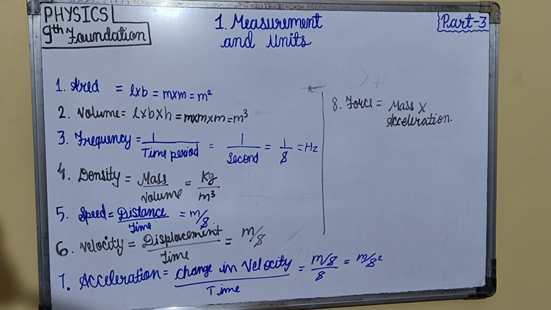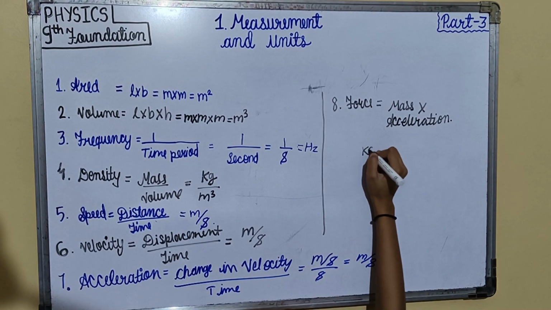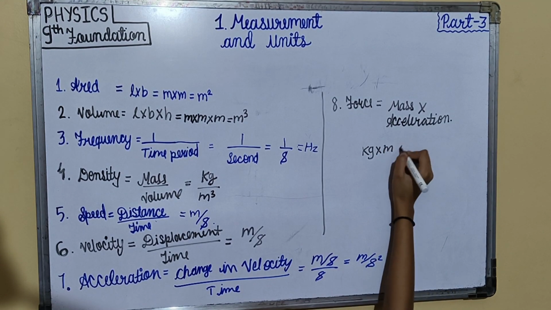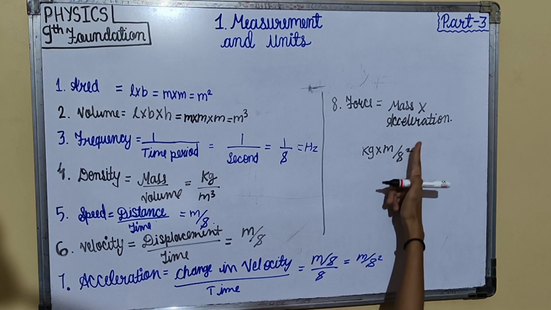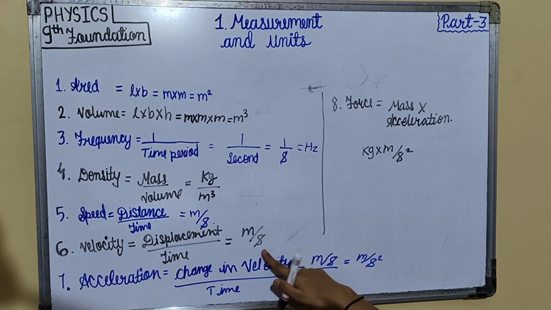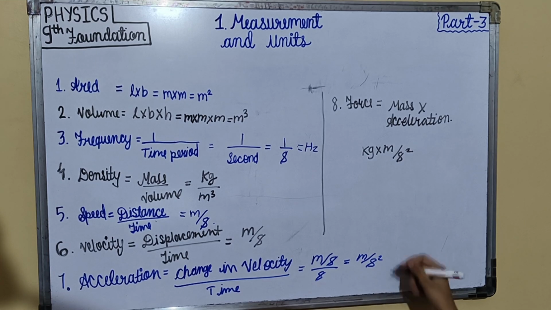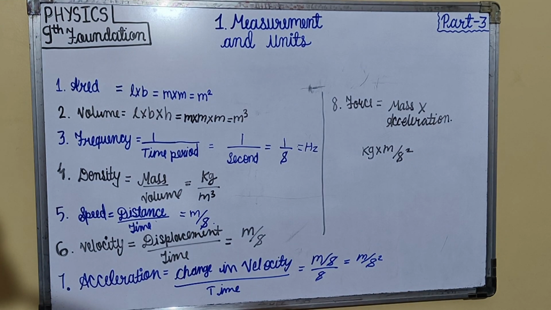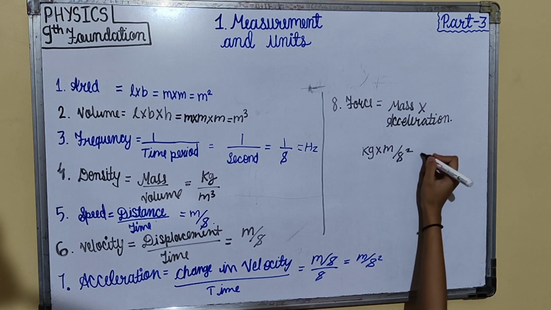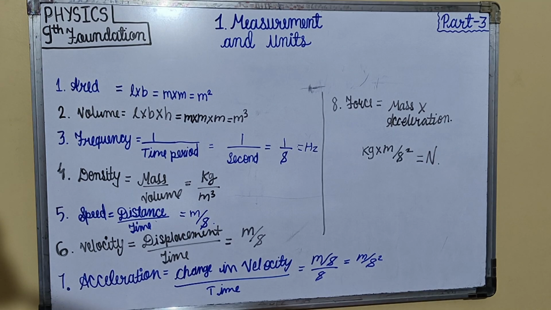And its unit is kg into meter per second square. Mass is kg and acceleration is meter per second square. So the unit is kg meter per second square. And that is the Newton. The symbol is N.